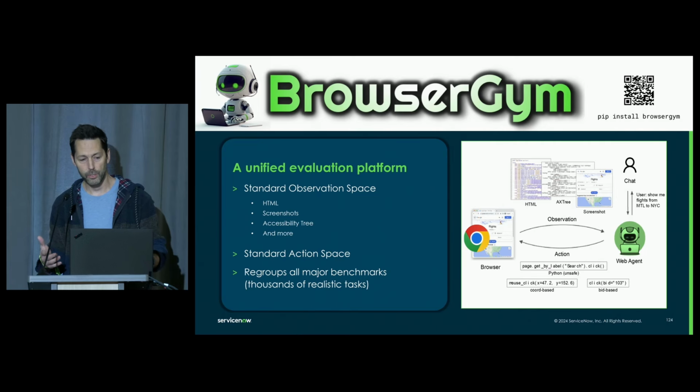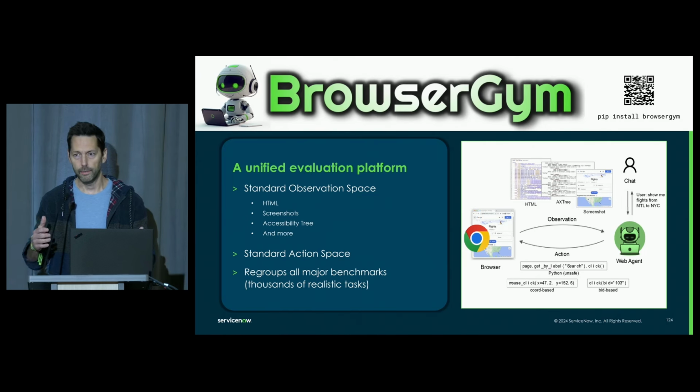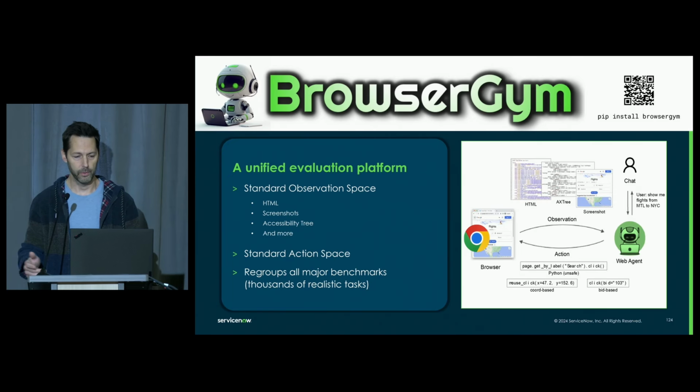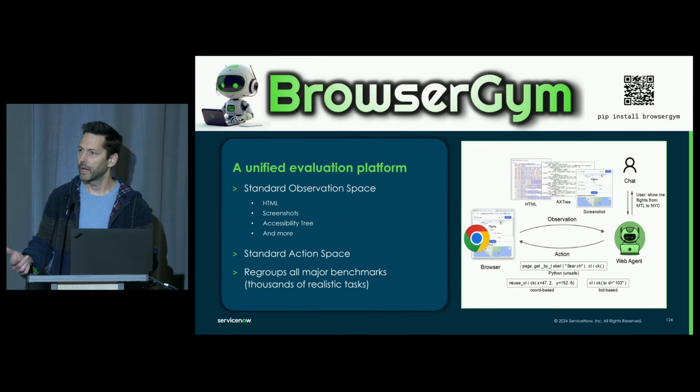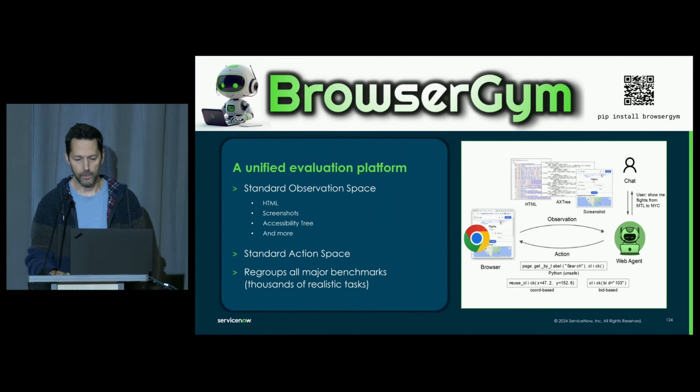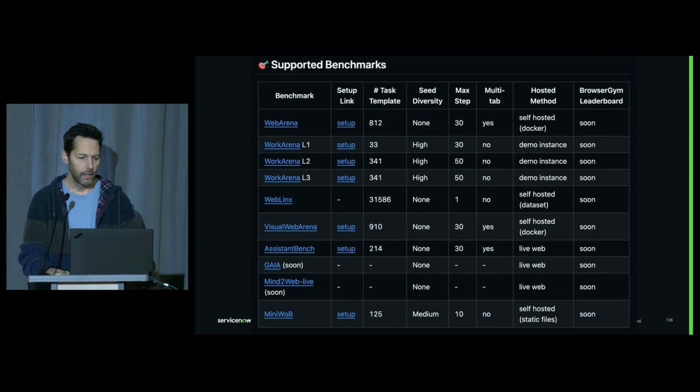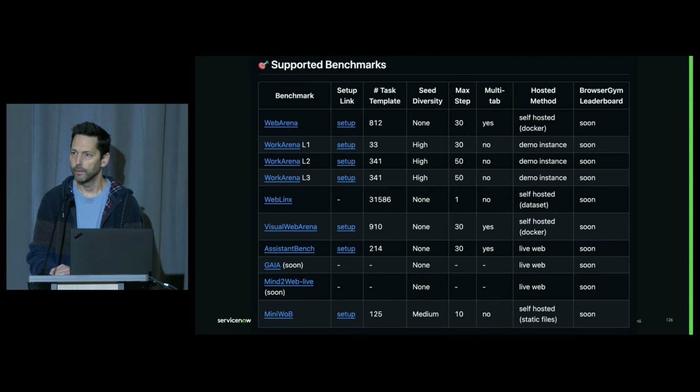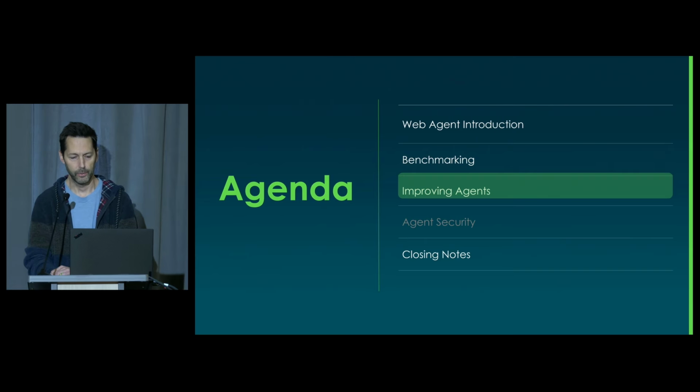The action space is flexible. You can change it, but it's also somewhat standard to favor reproducibility. And we also standardize how we present HTML and the accessibility tree. Together, up to 10 benchmarks can be combined under the same roof.